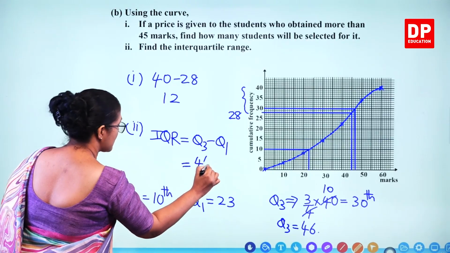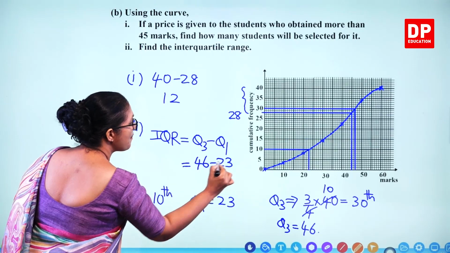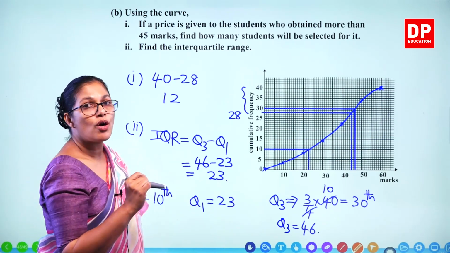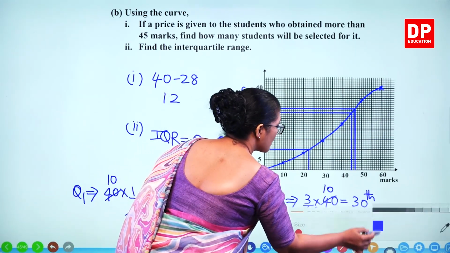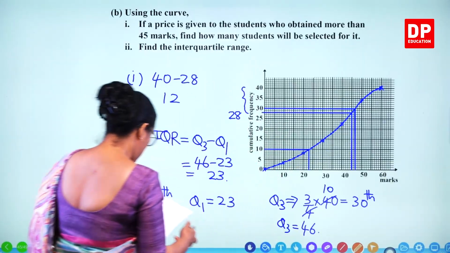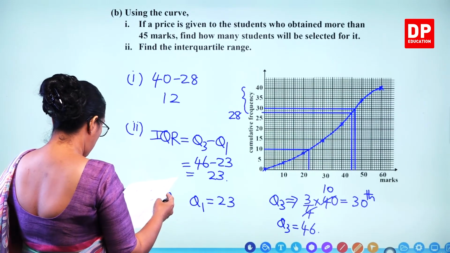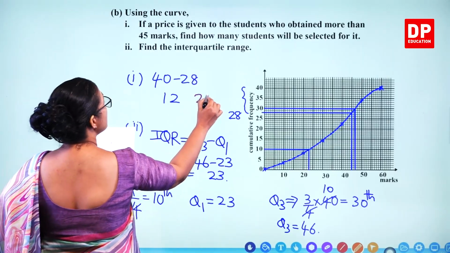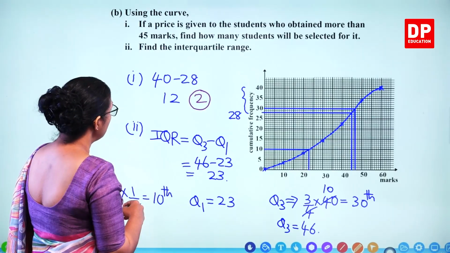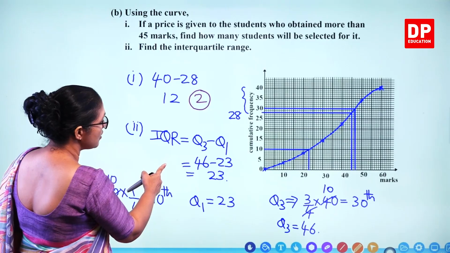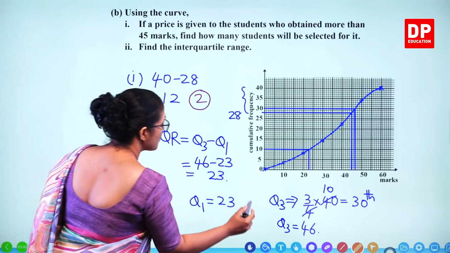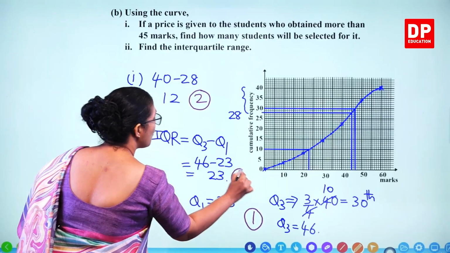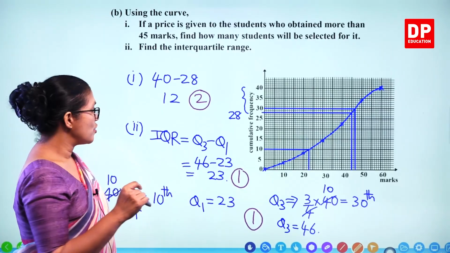Q3 is 46 minus 23. You get 23 as the interquartile range. So let's see. You get 2 marks for finding this value 12, and here to find the interquartile range you get 2 marks. 1 mark for finding Q1 and Q3 and 1 mark for finding the interquartile range.